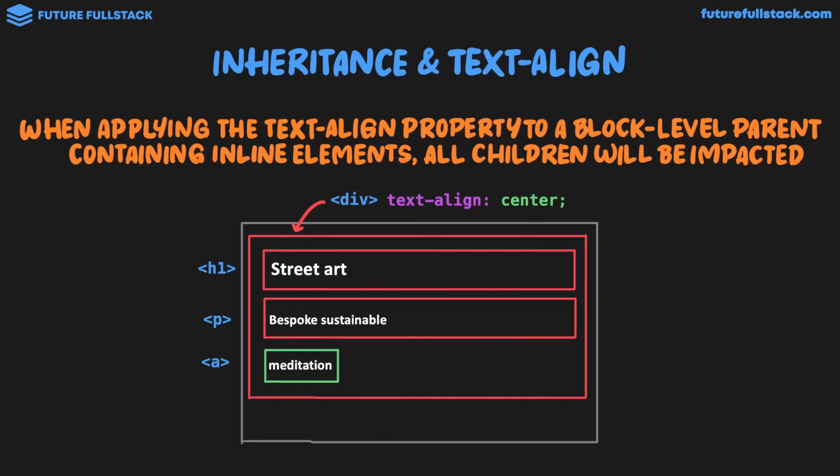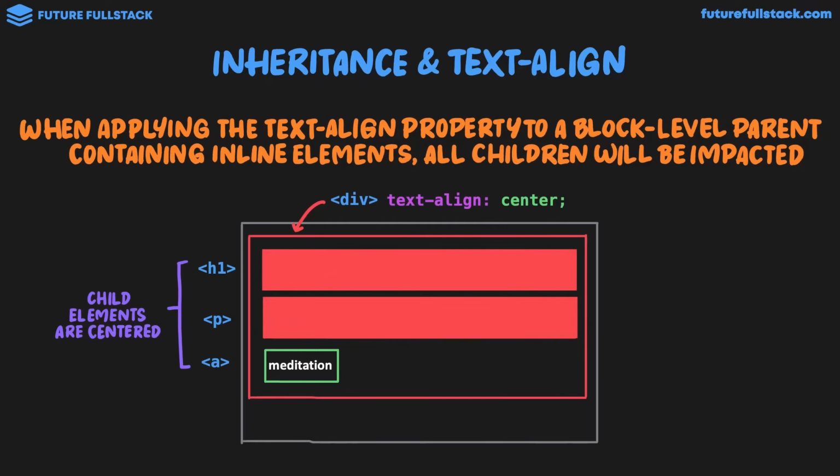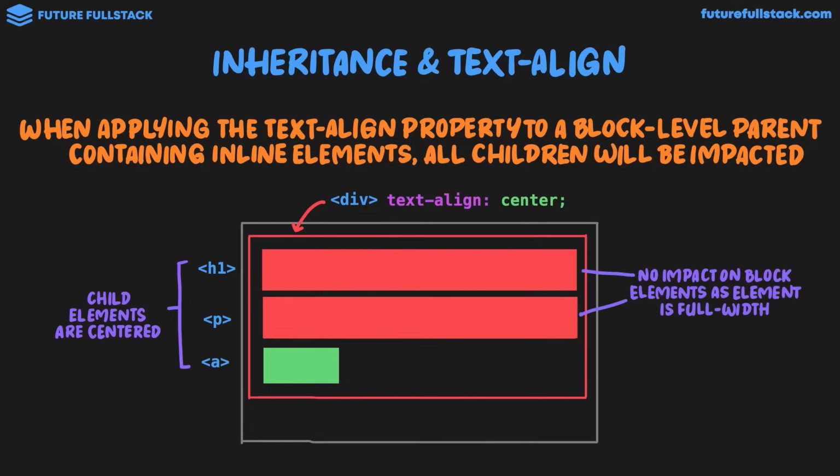The first is that child elements are centered, where the child elements here are the heading 1, paragraph, and anchor tag. To really highlight this point, I want to move away from these elements. I'm going to fill in the block elements like this, and I'm going to fill in the inline element like this. Now for the block elements, there is no impact as the element is already full width.